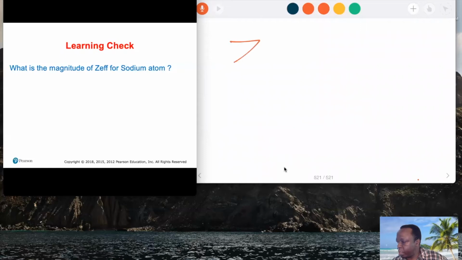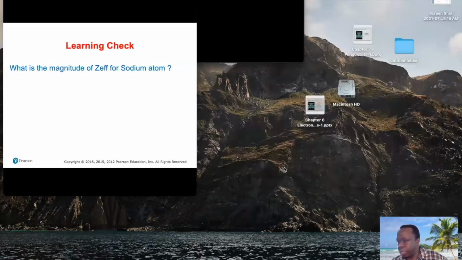Remember, Z effective is given by Z minus S, where Z is the atomic number. In this case, I'm going to show you in a minute.